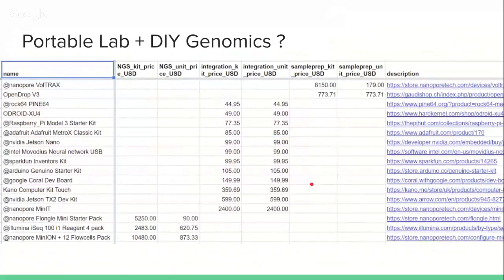I wanted to make a note at the end about how this combines into something that I'm starting to see more and more out there, which I termed DIY genomics, do-it-yourself genomics, which is now that you can devise these mini labs for not a lot of money.